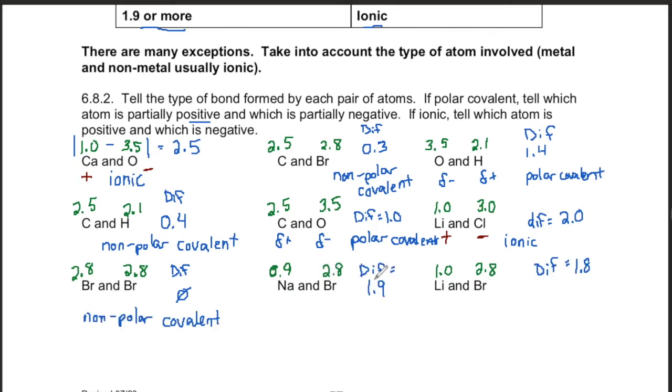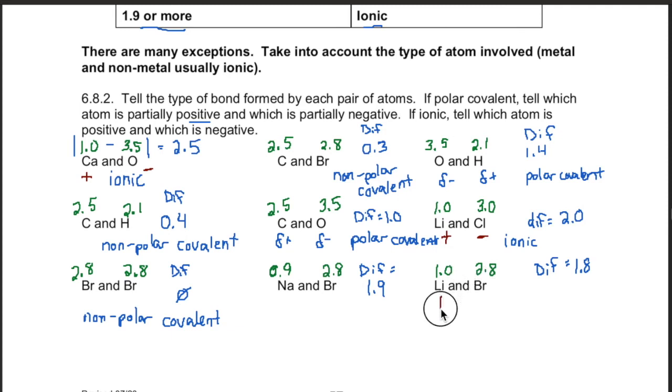Let's take a look at these three compounds together. So we have sodium and bromine, lithium and bromine, lithium and chlorine. All of these are metal and non-metal. And so even though the differences between these electronegativities are a little bit larger, 1.9 and 2.0, this one at 1.8, we know that lithium and bromine form an ionic compound.